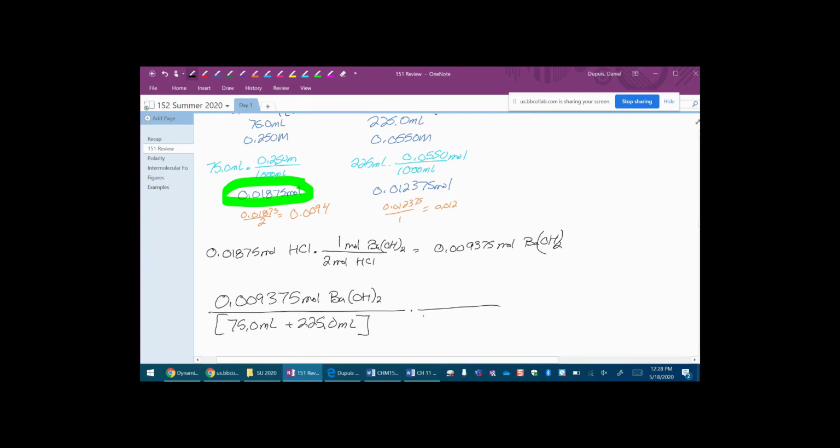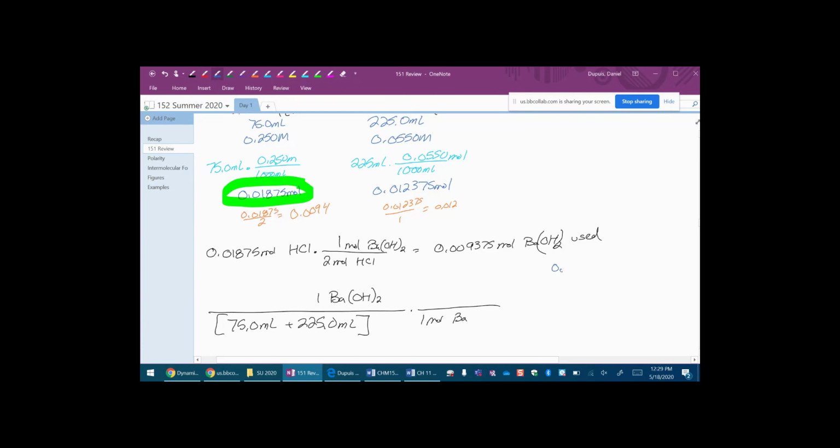We know that for every 1 mole of, I messed up. I'm sorry, guys. I messed up. This is what we used. So I got to subtract.